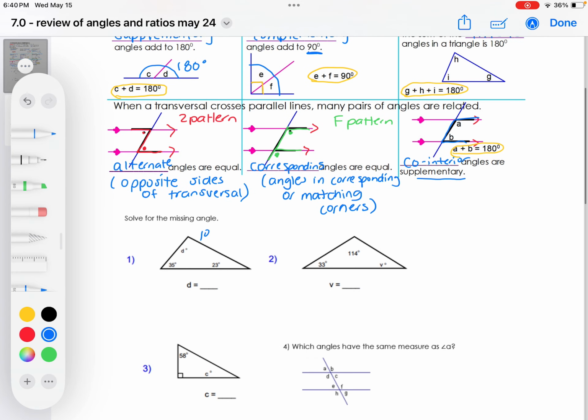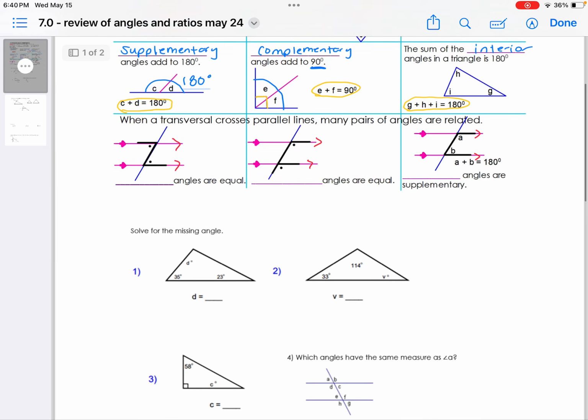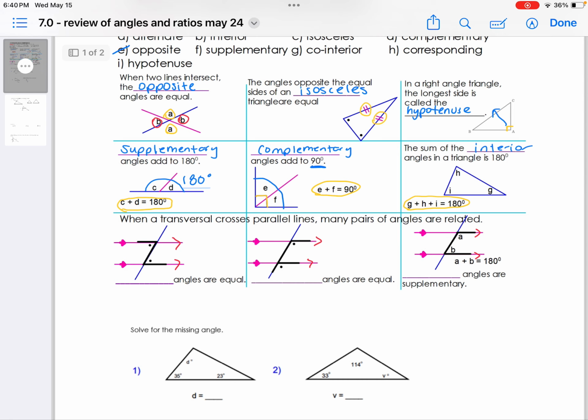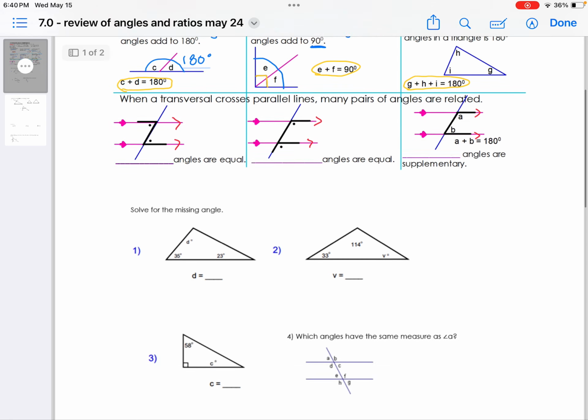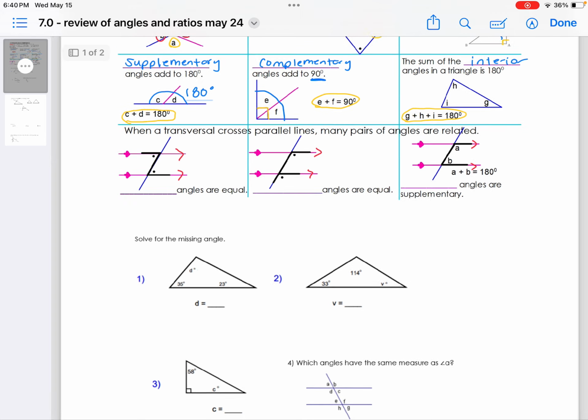They add to 180. So 180 minus 35 minus 23 is going to give us 122 degrees.